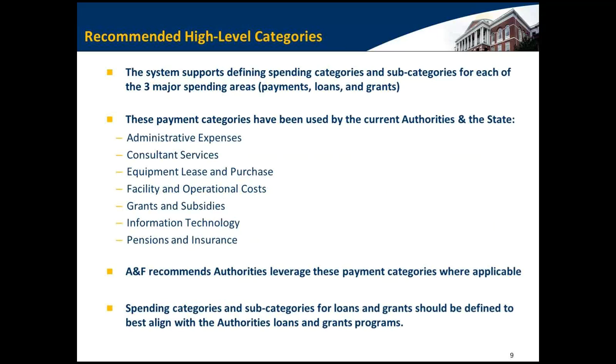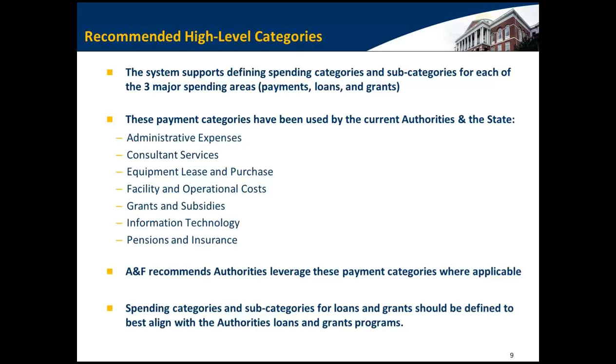Okay. So moving on to the spending categories. A lot of this we've already covered, but the key message here is the state already has 11 generic spending categories. We feel they're general enough to capture most of the spending, despite your organization.